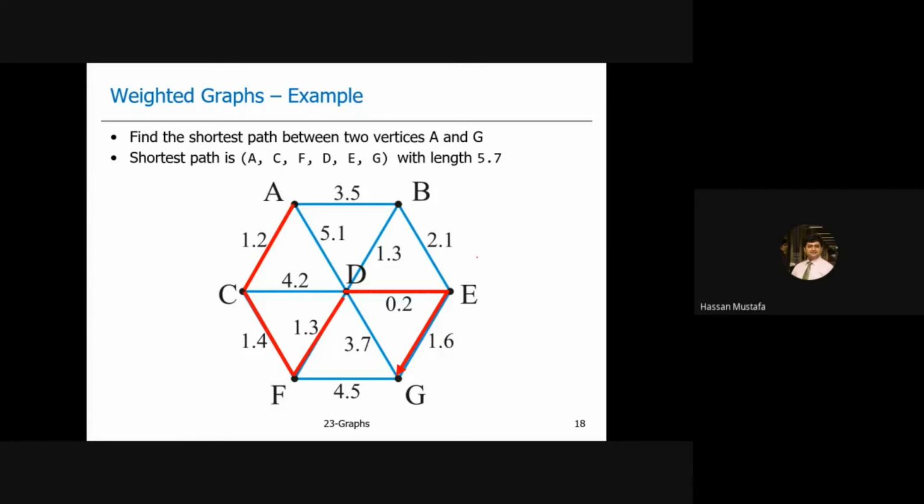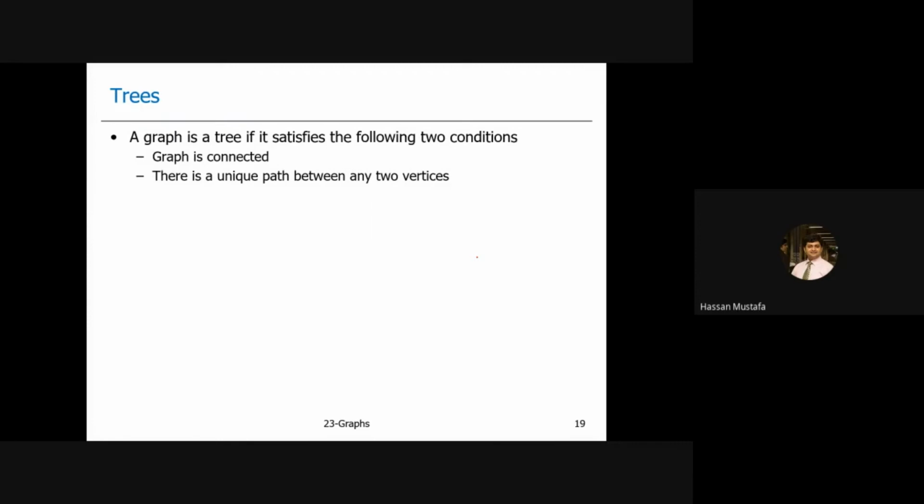After finding these shortest paths, the next definition is that a tree is also related to graphs. A tree adds some conditions on the graph data structure; a tree is a restrictive form of a graph, and the restrictions are that the graph should be connected, and there should only be a unique path between any two vertices.